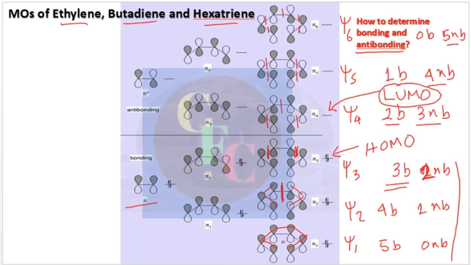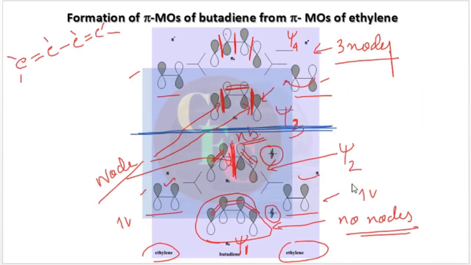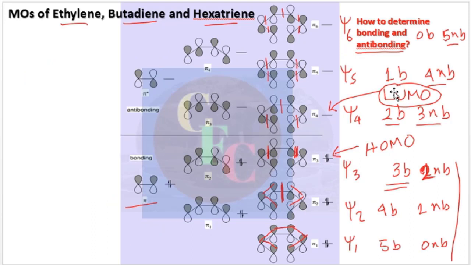So for hexatriene, psi 3 is the HOMO and psi 4 is the LUMO. But for butadiene, if you see, psi 2 is the HOMO and psi 3 is the LUMO, right? Okay. For octatetraene, you can easily say by your calculations and by those rules that psi 4 will be the HOMO and psi 5 will be the LUMO.